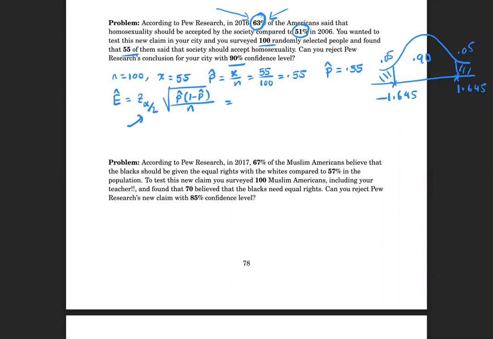So 1.645 times P hat is 0.55 times 1 minus P hat is 1 minus 0.55, divided by 100 because you surveyed 100 people.